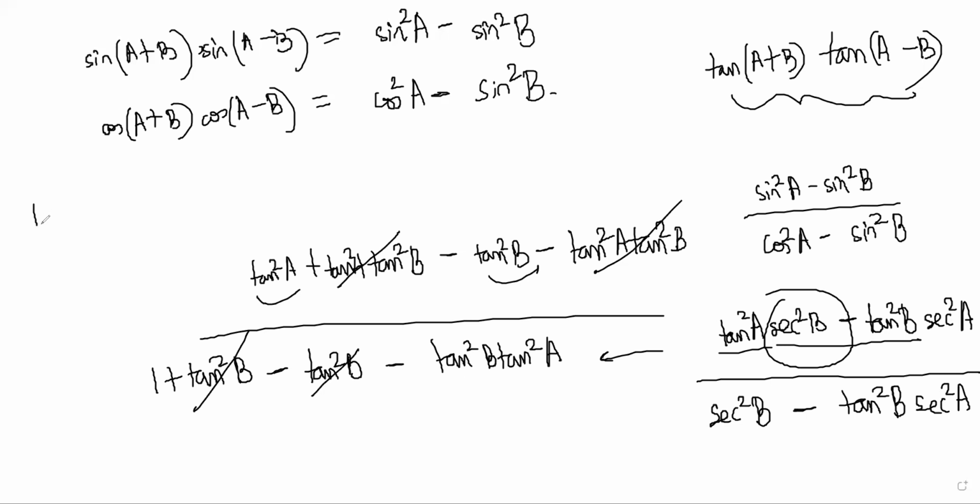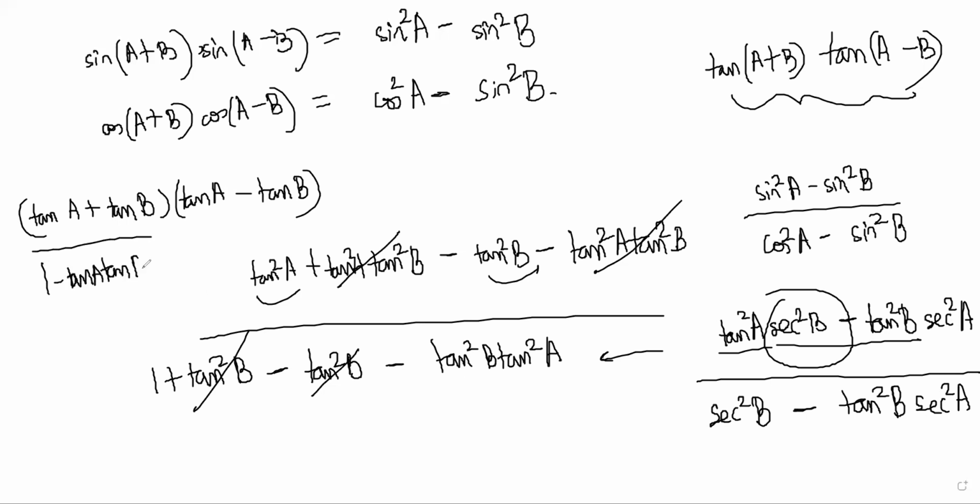So on top I have tan of A plus tan of B multiplied by tan of A minus tan of B, right? In the denominator I have 1 minus tan A tan B multiplied by 1 plus tan A tan B, right?